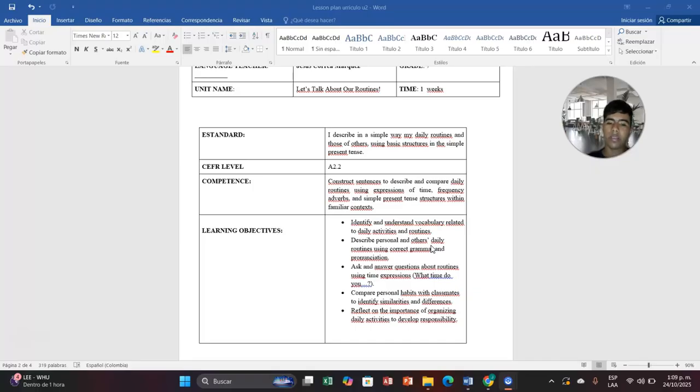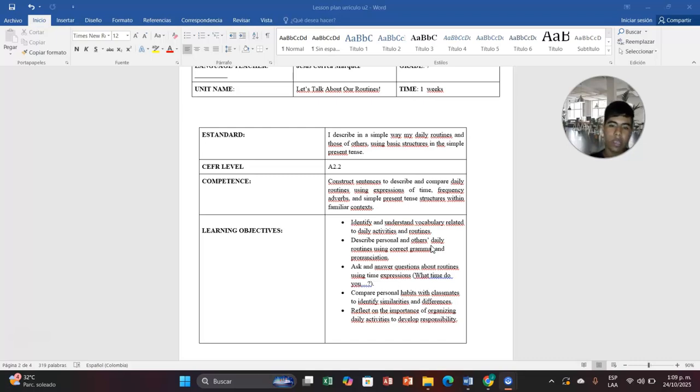And the learning objectives. The first one is to identify and understand vocabulary related to daily routine activities. Of course, the complement of each sentence is going to be vocabulary related to daily routine activities. And describe personal and others' daily routines using correct grammar and pronunciation. At this point, it has to be related to the rules that we have to apply on verbs when we're talking in third person.